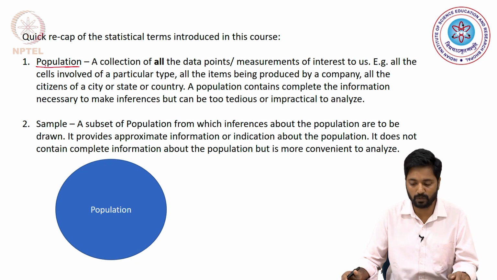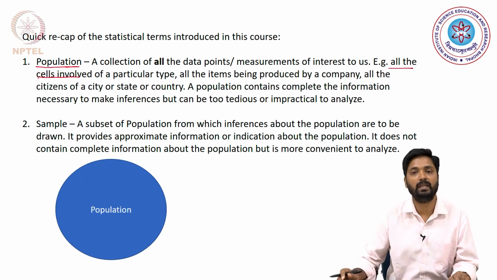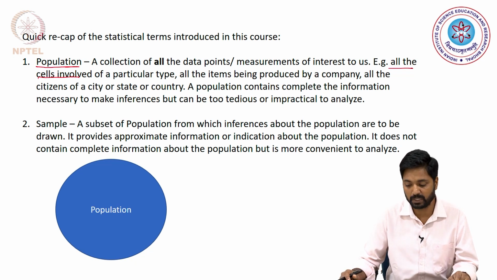And when we say all, we mean actually all. For example, when we are talking about progression of disease, we say that all the cells that are involved in a particular type of disease. Similarly, it can be all the items that a particular company is producing, or all the citizens of a country or a city or a state.